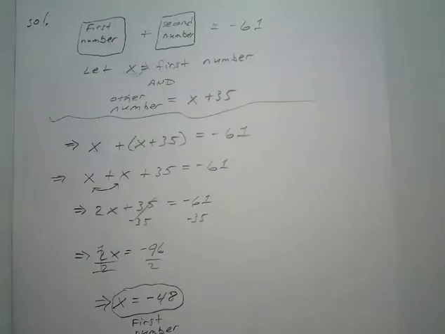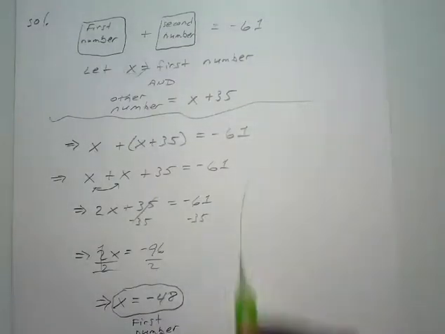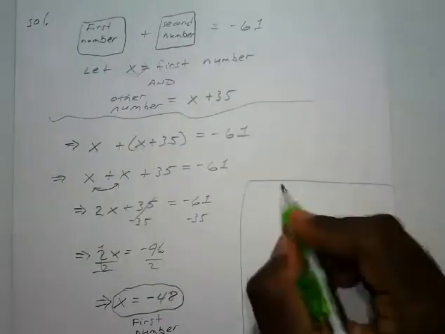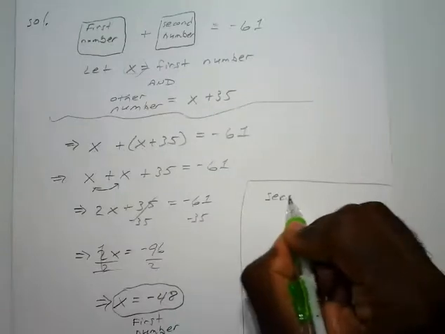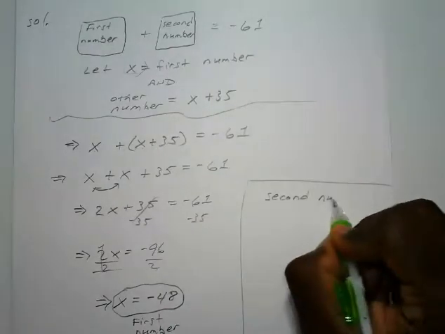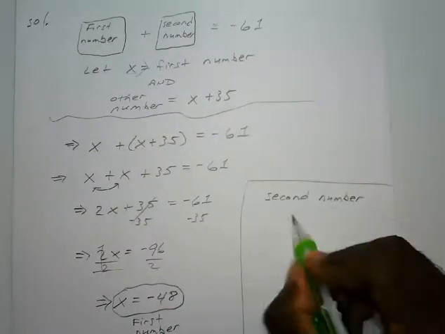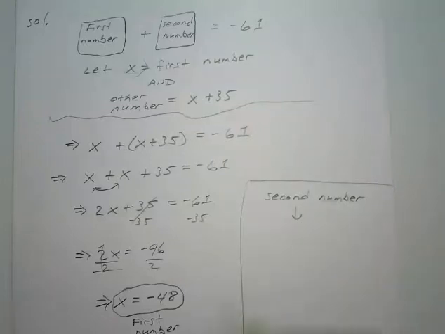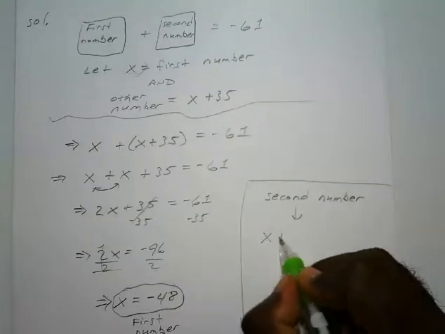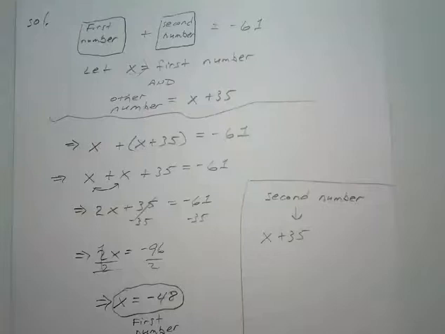Alright, so you want to make sure that you go ahead and solve for your second number. Remember, your second number is x plus 35.